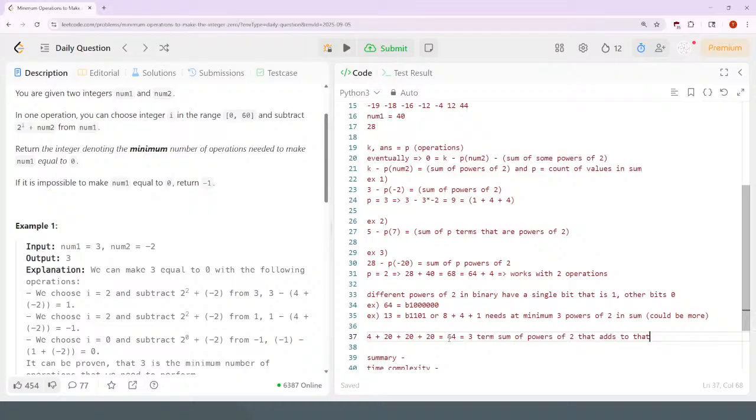Two terms is fine. 64. Well, it should be 32 plus 16 plus 16.